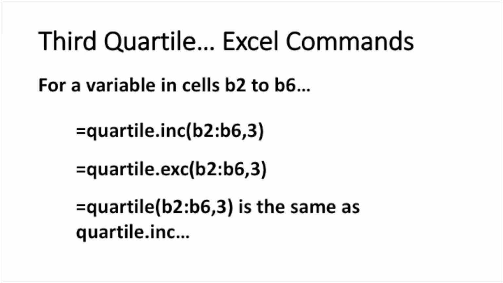Or you can just use plain old equals quartile and put in the range of data, comma 3. If you're a student taking one of my classes, you should use the basic Excel formula of equals quartile, put in the range of data. So again, if you had 5 observations between cells B2 and B6, you'd put B2 colon B6, comma 3.